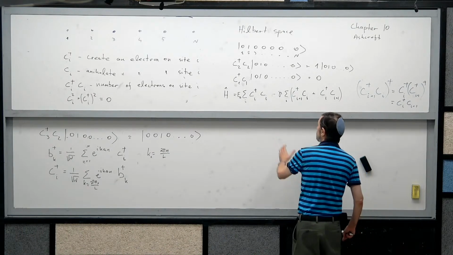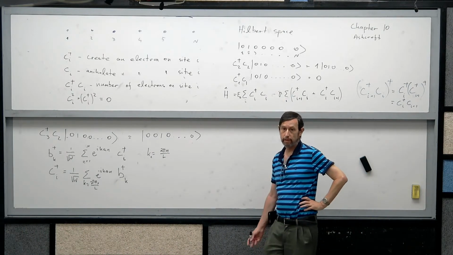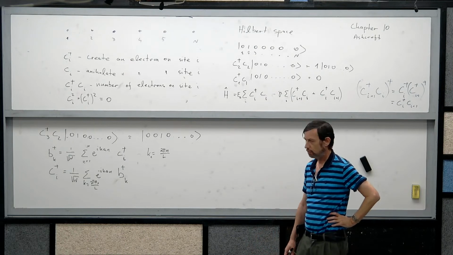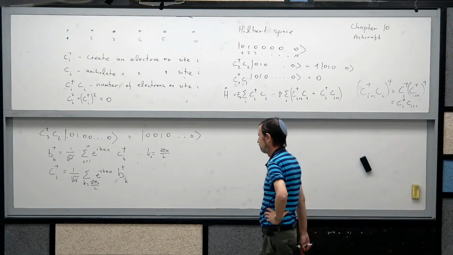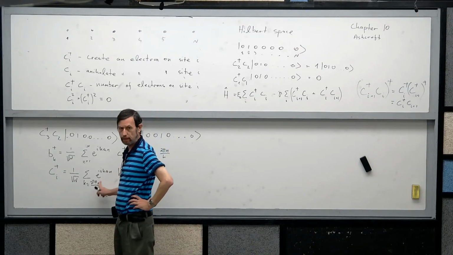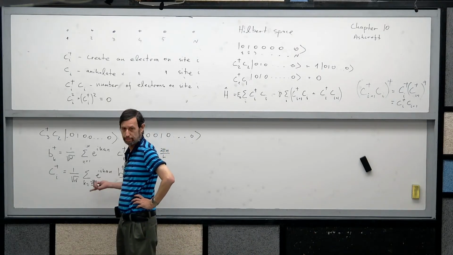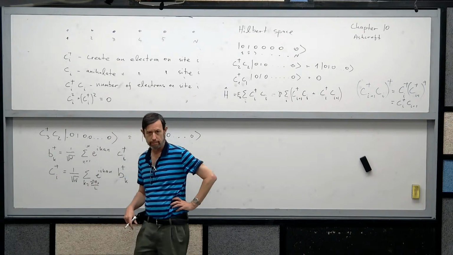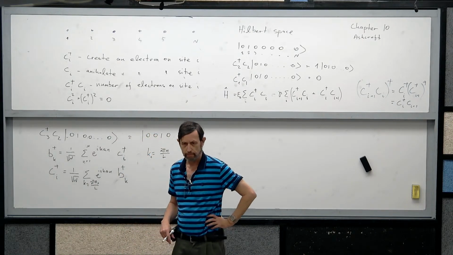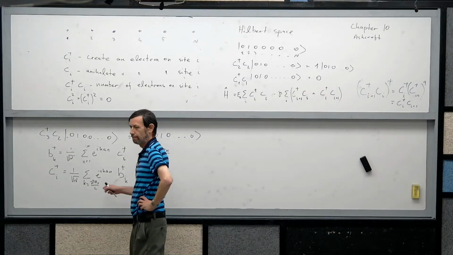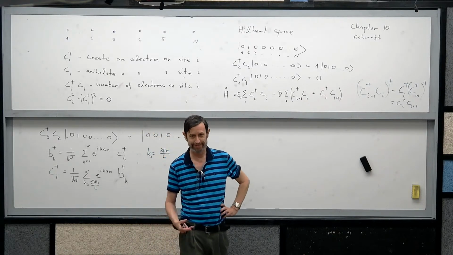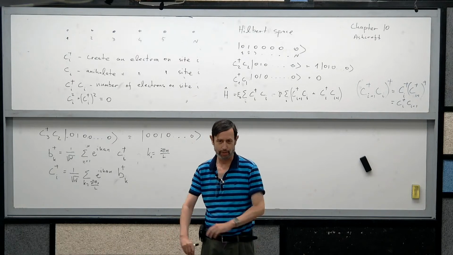Okay, let me Fourier transform. You go over all the nx's, first Brillouin zone. That's the whole.